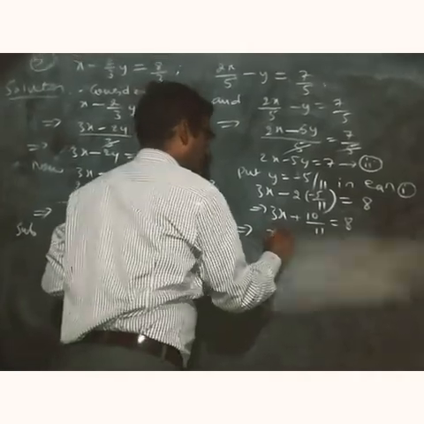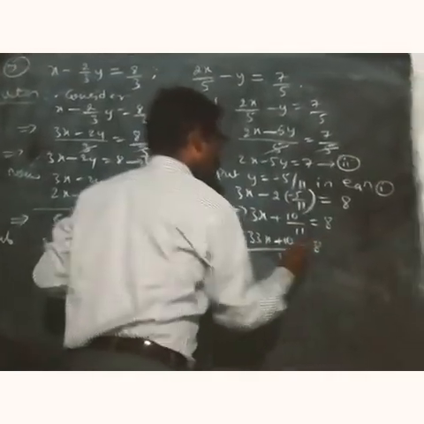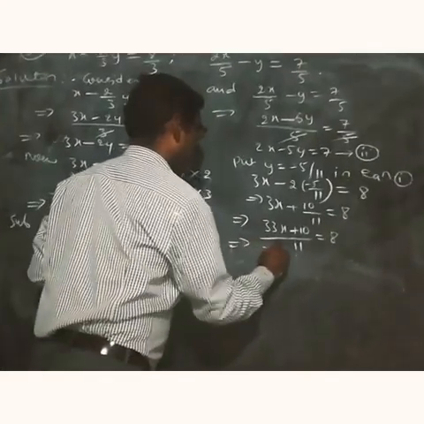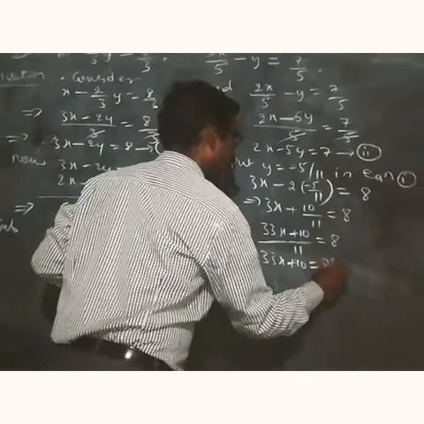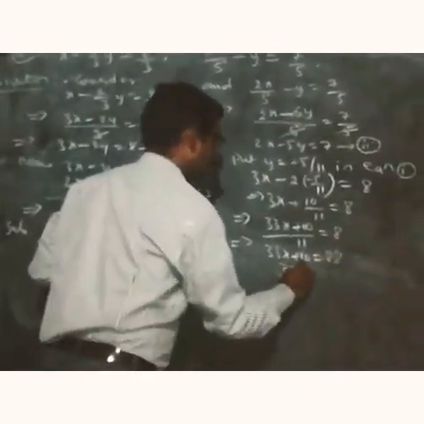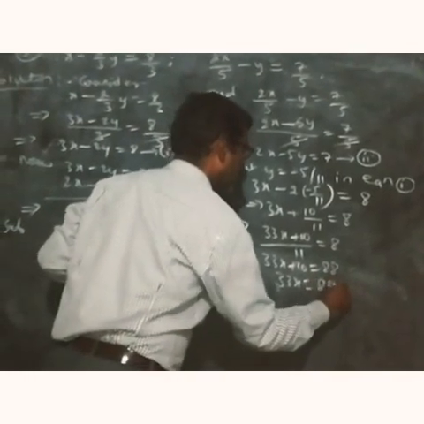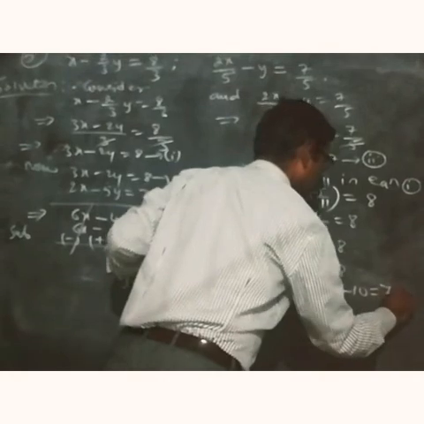3 11s are 33x plus 10 divided by 11 is equal to 8. This implies 33x plus 10 is equal to 11 8s are 88. Cross multiplication, 11 into 8, 88. 33x is equal to 88 minus 10. Shift the plus 10 to the right side, it becomes minus 10. This is 78.